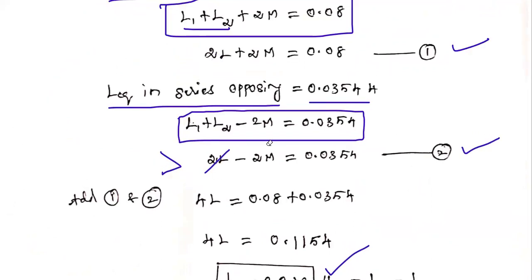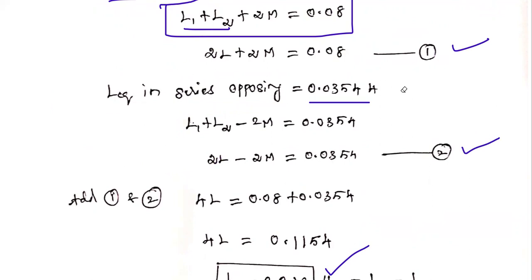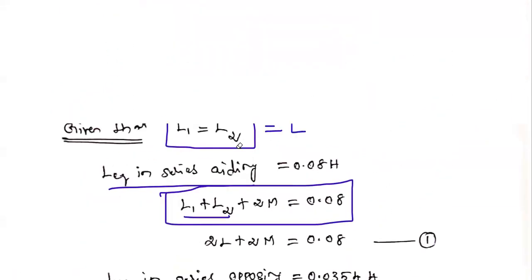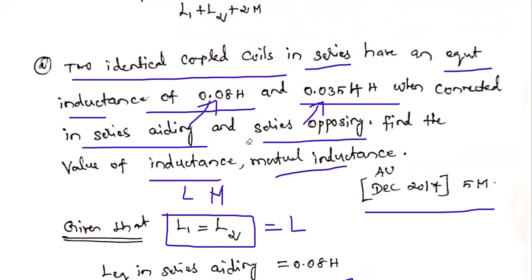In the first problem, L1, L2, M and coefficient of coupling were given, and we calculated the equivalent inductance for 4 different cases. In the second type of question, the L equivalent value is given for series aiding and series opposing, and from that we calculated the self inductance value and the mutual inductance value.